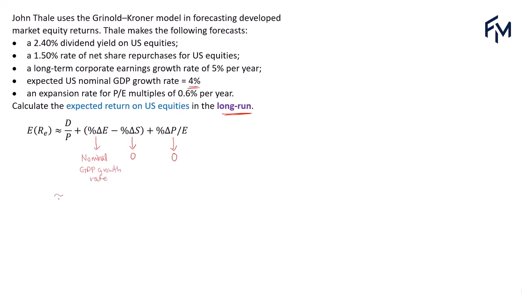So in other words, this will be approximately equal to D over P plus the nominal GDP growth rate for the economy. So that will be 2.4% plus 4%, which gives us a 6.4% expected return on the US equities in the long run.